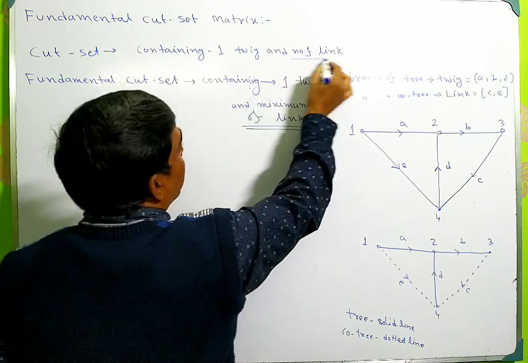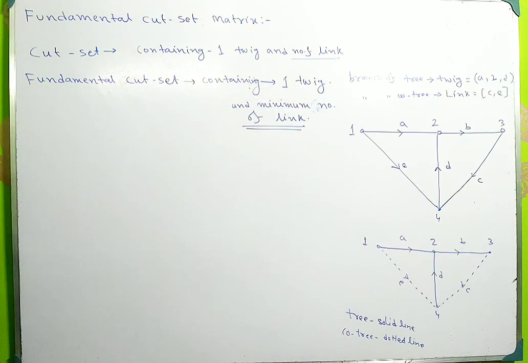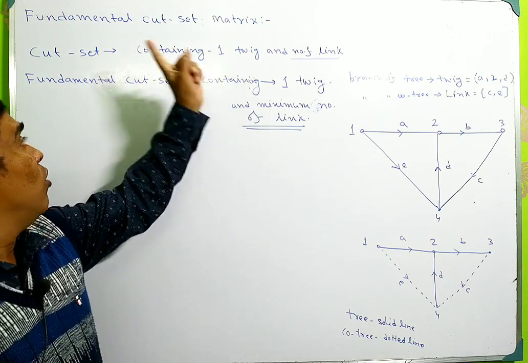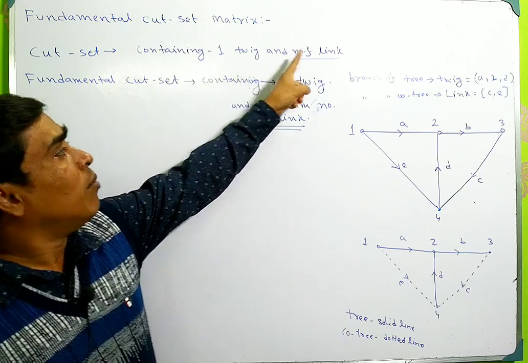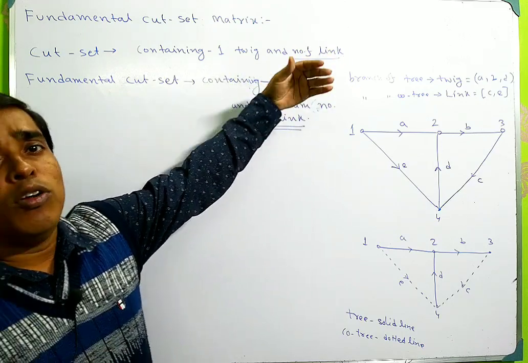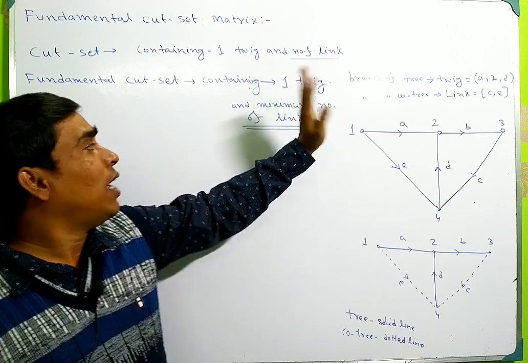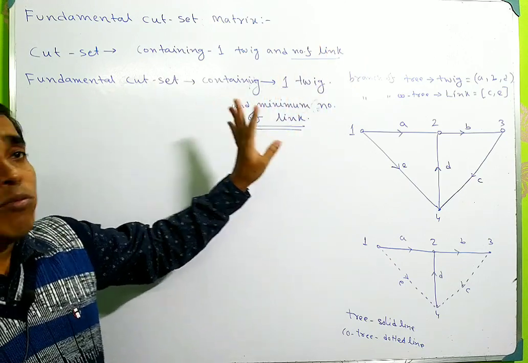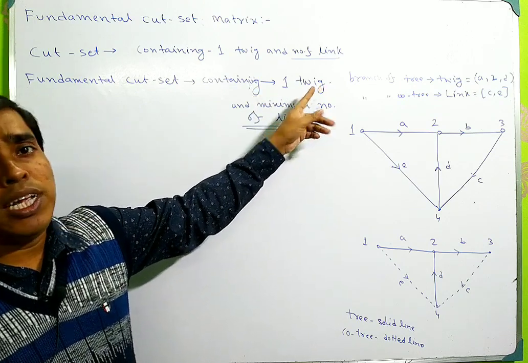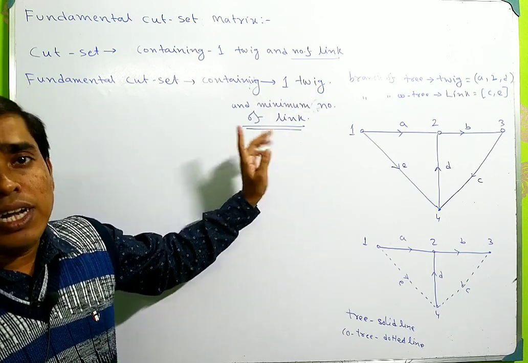This is the difference. A general Cutset contains a twig and a number of links, maybe 2 or 3 or more. But in a fundamental Cutset, you have to take one twig and the minimum number of links.